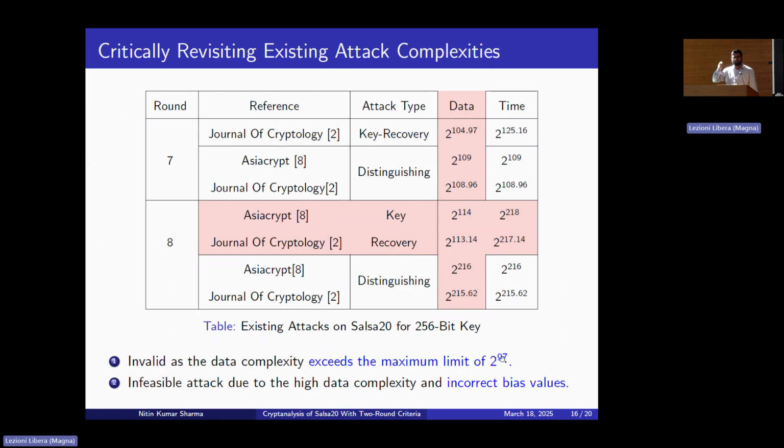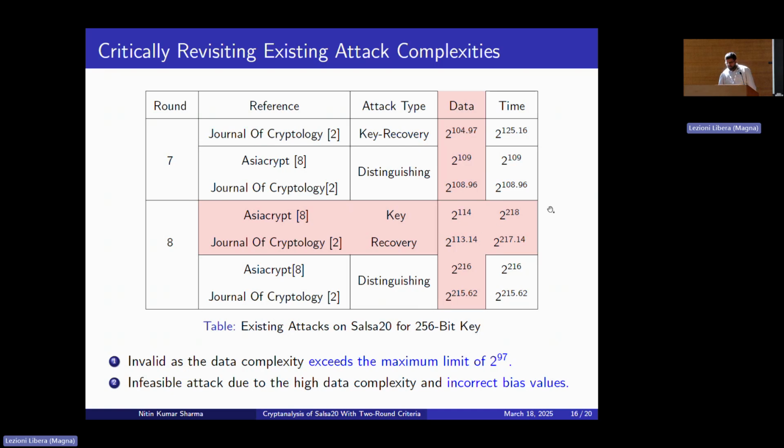So for 1 round criteria, after getting the n value, you have to multiply by p, 2 power 1. So the maximum is 2 power 97. But here in these works, it is always greater than 2 power 97. So they didn't focus on this part.